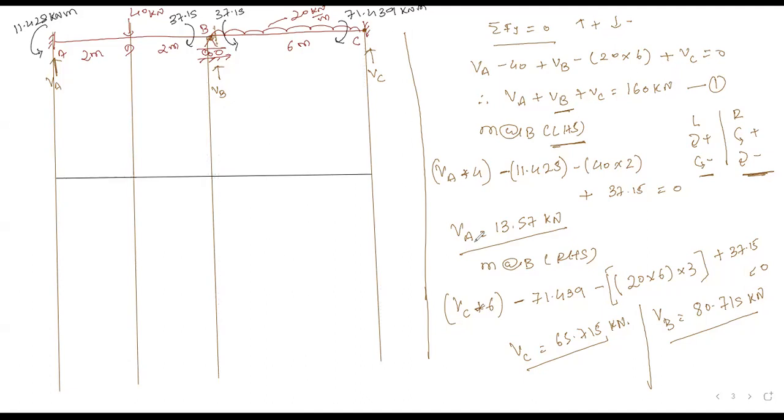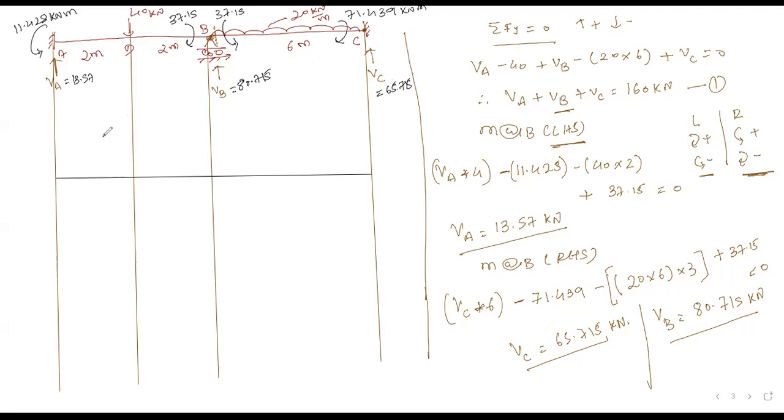VA is nothing but 13.57. I am writing the values directly without units, but you must write units in the exam. VB is 18.715 and VC equals 65.715. I hope it is clear to all of you.